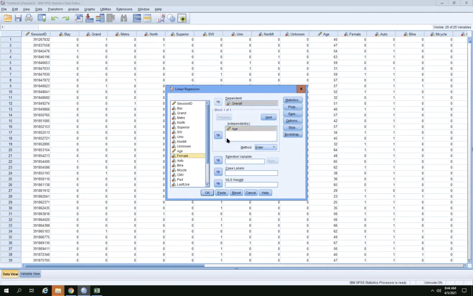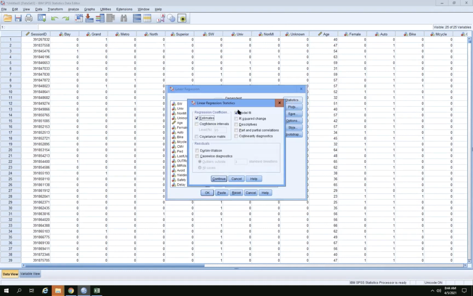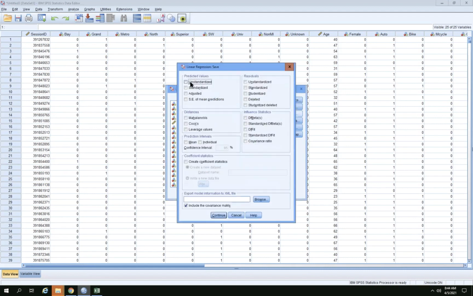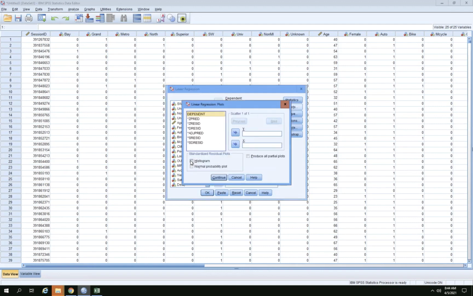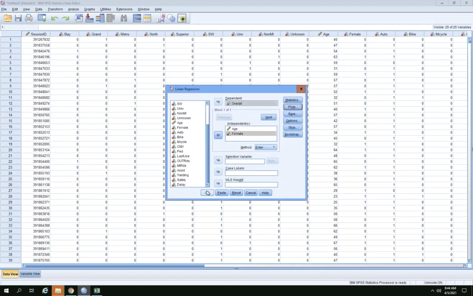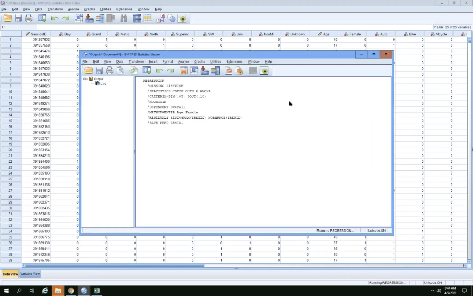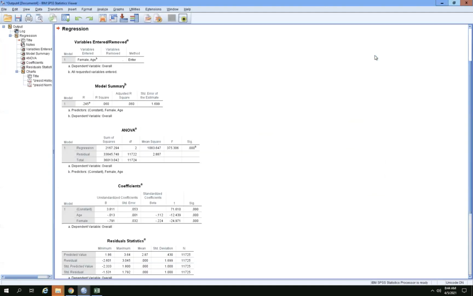We'll include age and gender, and we'll save our predicted values and residuals. And then we'll also include our histograms and normal probability plots. Okay, and so we run that analysis.